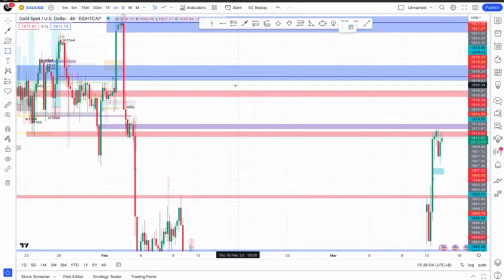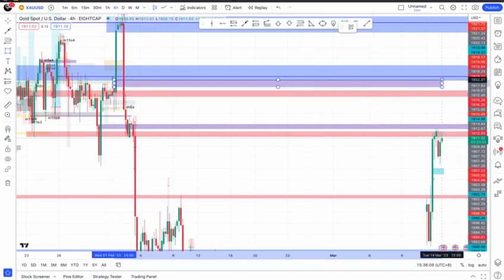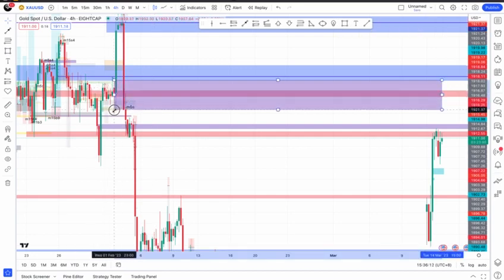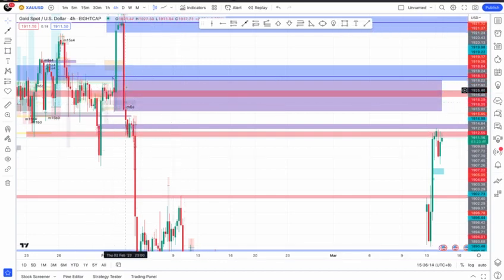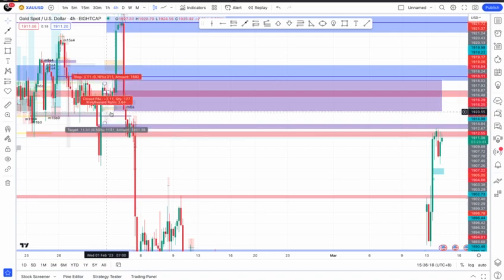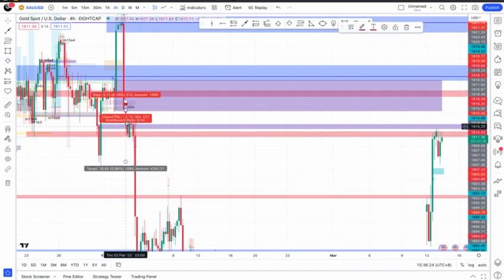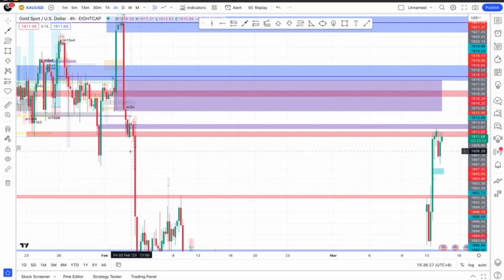The next H4 level would be around this area over here. Why I'm going to mark this area is due to this engulfing fail. This used to be a support level at 1920, but then price has been broken around this area. As you can see, price broke this level of support and continued going downwards.